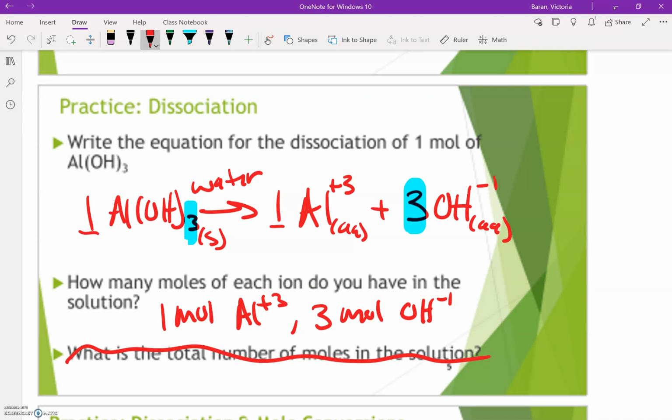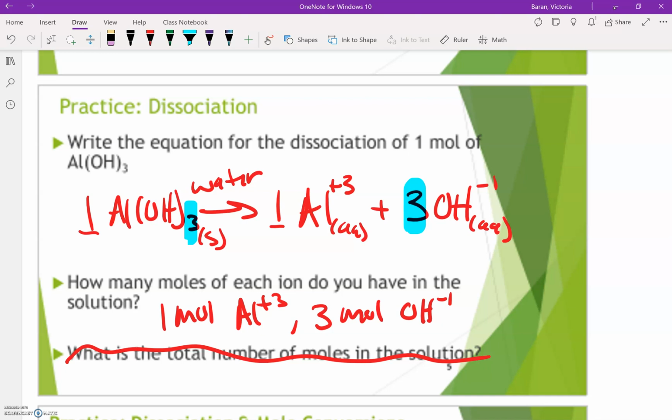Okay. So all you're doing is you're taking that compound that is soluble, you would dissolve it in water, and when you do that, you break it up into its individual ions. So ions are something that have a charge on them, so the plus or the minus. And you have to make sure that the equation is balanced on either side.